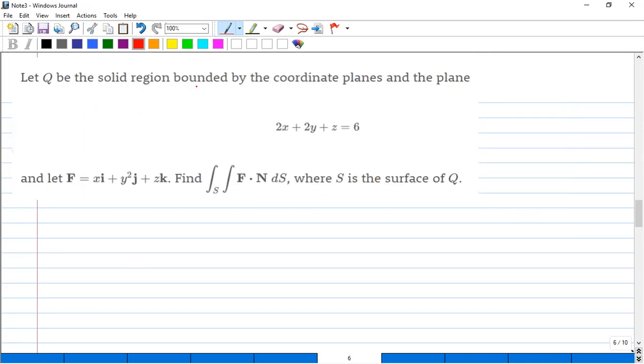So we're going to let Q be the solid region bounded by the coordinate planes and the plane here. We're going to let our force equal this, and we're going to find the double integral over the surface of F dotted with N dS. So let me show you what the figure would look like.